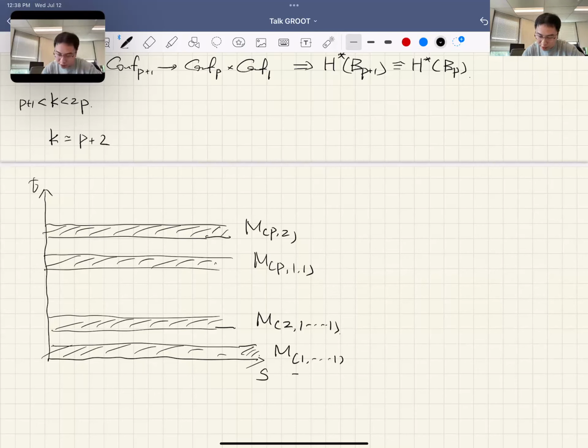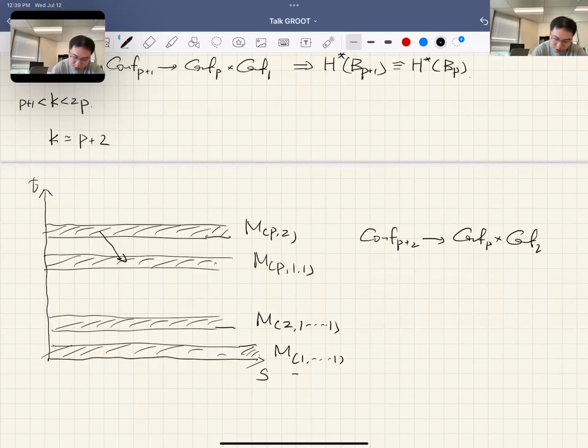Okay, then we can use the map out from com p plus 2 to com p times com 2 to show that the differentials between 2 closed rows are trivial. So they are trivial maps. And we can show that the differential at the next step between those 2 rows is also trivial.